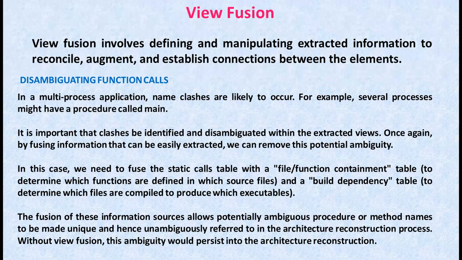So here these information sources allow the potentially ambiguous procedure or method names to be made unique and hence unambiguously referred to in the architecture reconstruction process. Without the view fusion, this ambiguity would persist into an architectural reconstruction.